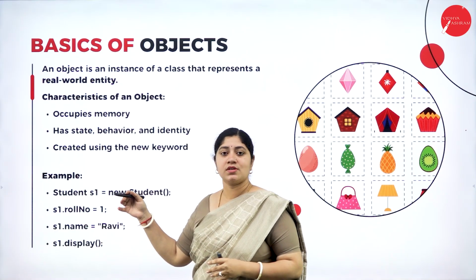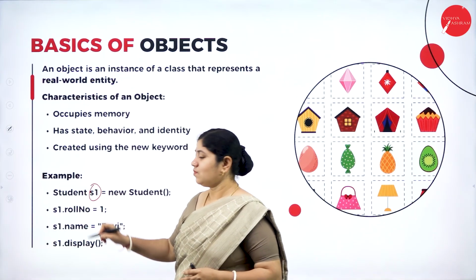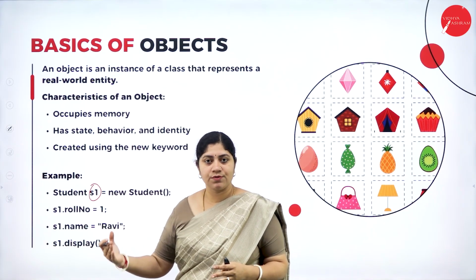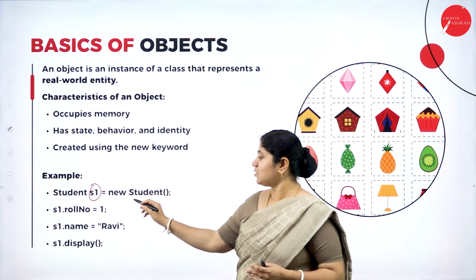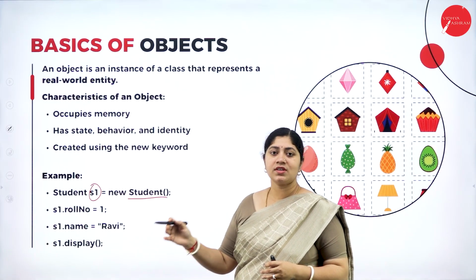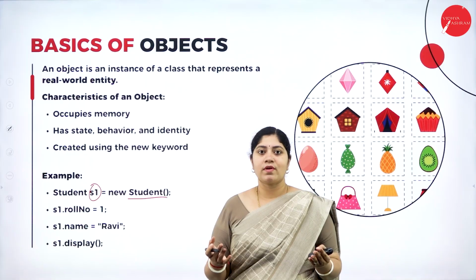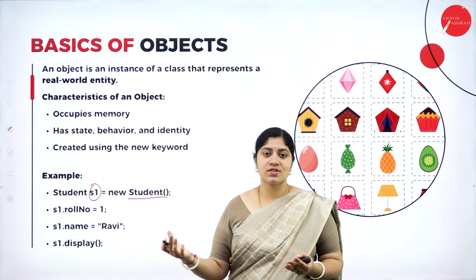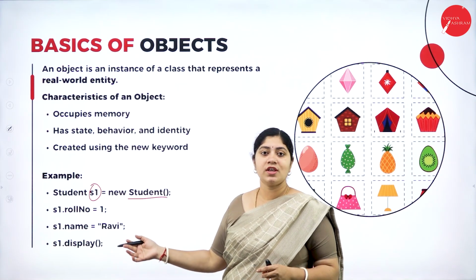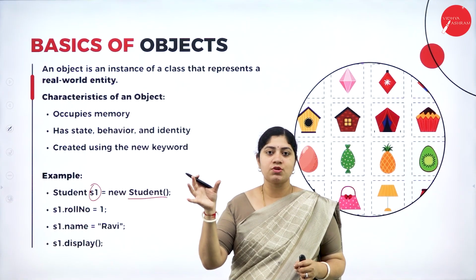Let's see various examples with respect to objects. Here we have considered Student as a class, then S1 is considered as an object, and that object is defined with the new keyword, that is new Student. Then we define the individual behavior, that is the student's name and his roll number. Then we can also represent the marks he has scored in a previous class, etc. So in this way we can create a new object by keeping an instance or reference of a class.